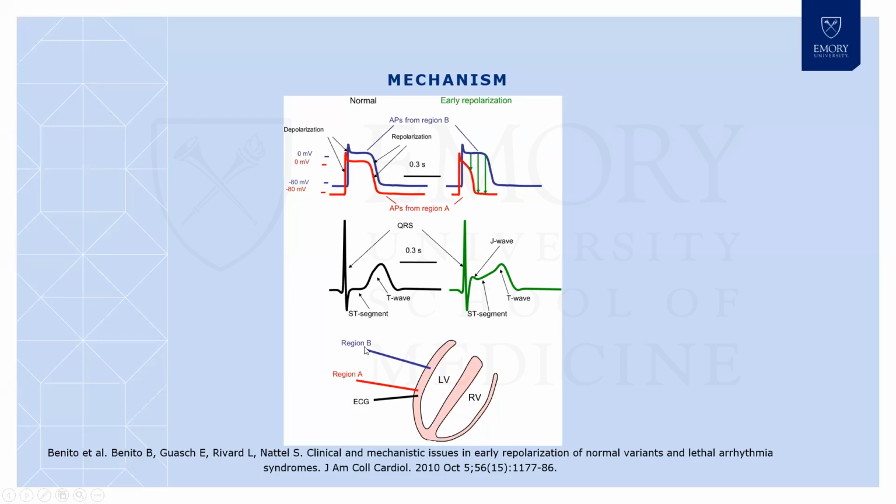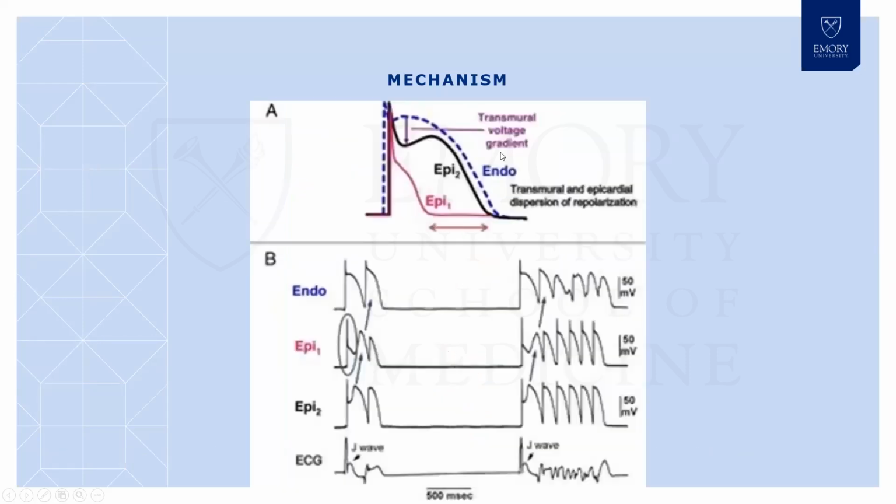For example, here you see that in region B in blue, the cell takes longer to repolarize and stays longer in phase 2 compared to region A. This is what's called a transmural voltage gradient, and this causes a current to occur, which correlates to ST elevation in the surface EKG.